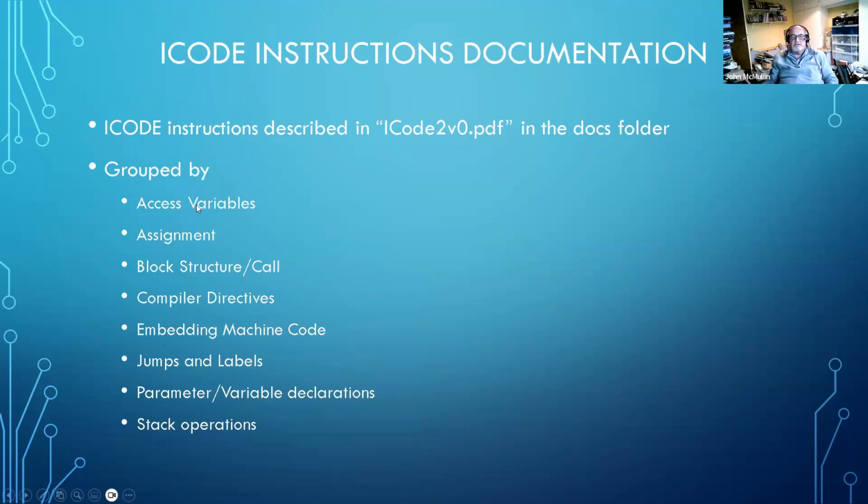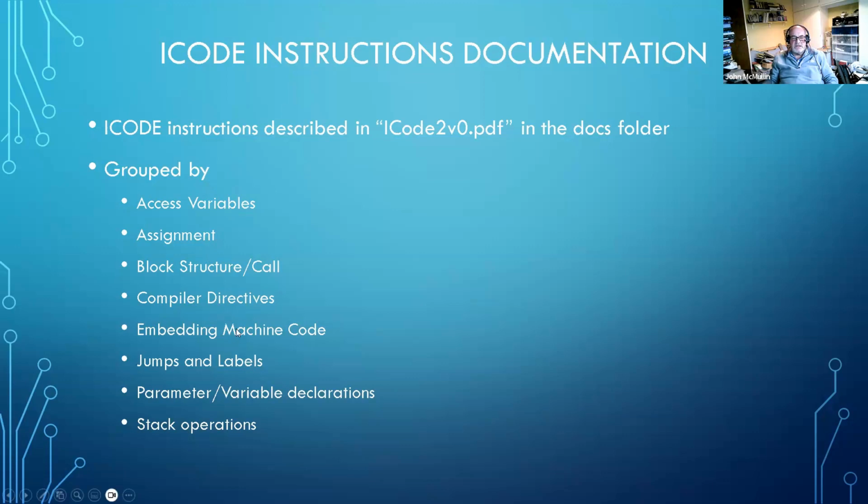And just the various types of ICode instructions. One to access variables, one to do assignment of variables, some to indicate the block structure and calling structure, extra ones to help guide the compiler to generate extra debug information.